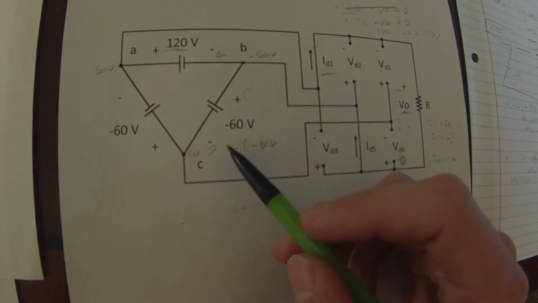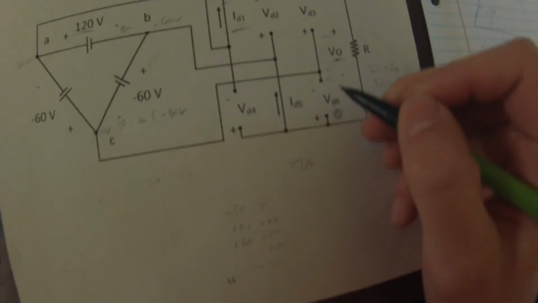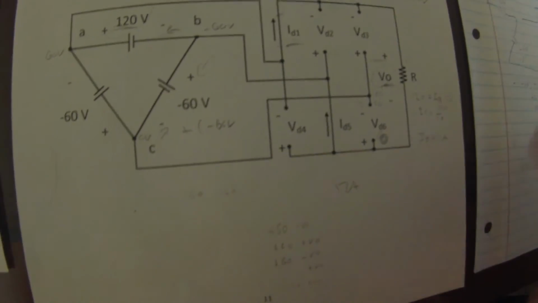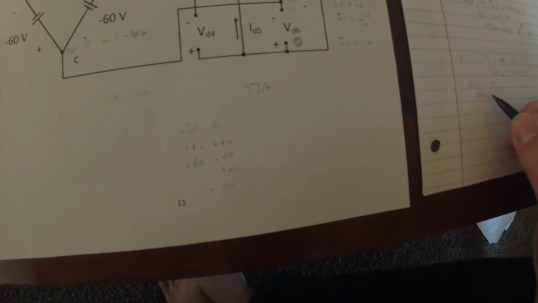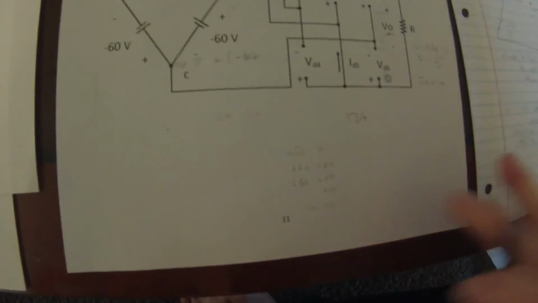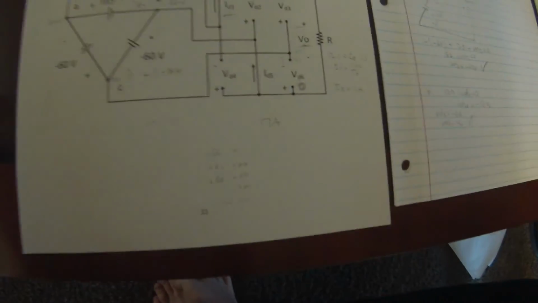Then we have a double negative again here, so that's going to be positive 60 on this side. When we look at the voltage across the diode going from positive to negative, that's a negative, so V_D6 equals negative 60 volts. So check, that works. All of our diodes are actually acting in the state that they are depicted as.